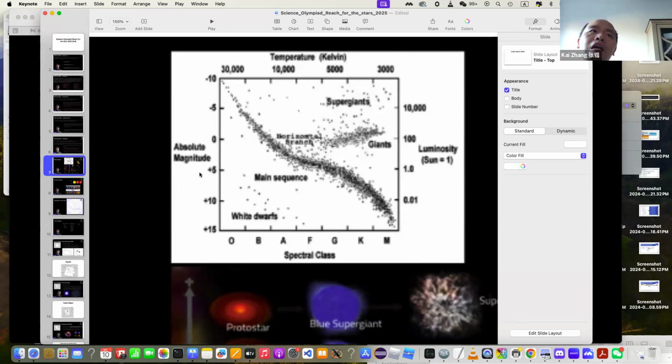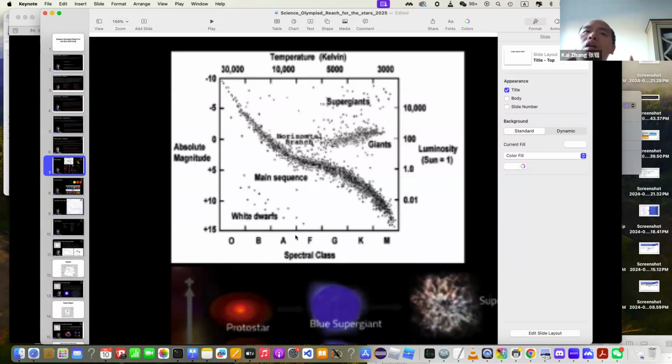So you know that absolute magnitude is basically all the energy emitted by a star in a certain period, usually 1 second. So this is the y-axis. This diagram tells you that a brighter star will be somewhere here, in the main sequence, right? And the x-axis is the spectral type.